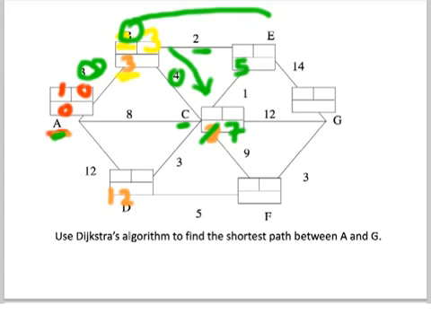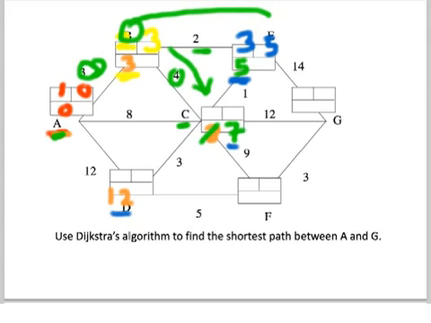Now what we're interested in is what's the smallest temporary label. So we've got a 5, we've got a 7, we've got a 12, and we're always interested in the smallest, so it's the 5. So we make E permanent with a permanent label of 5, and that's the third one that became permanent.